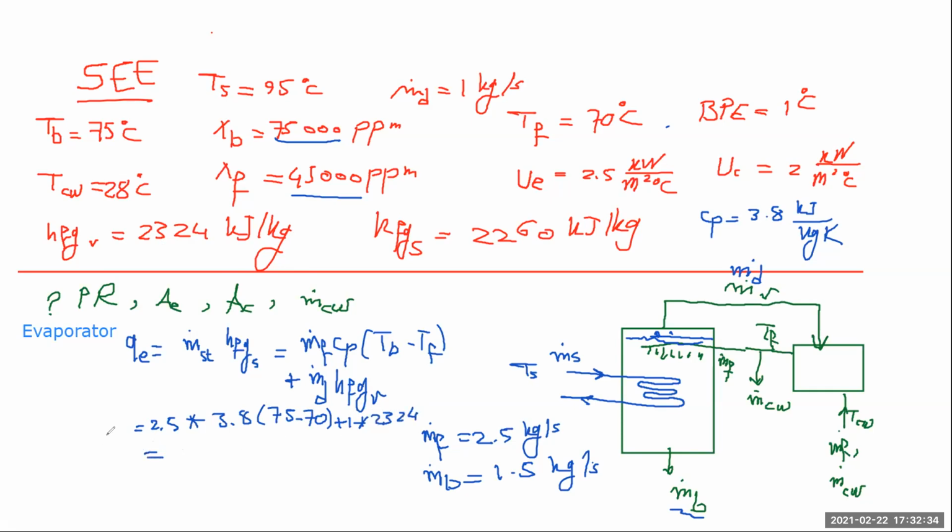From here, we can calculate the value of QE as 2371.5 kilowatt. This quantity is equal to m dot steam times hfg of steam, which is 2260. And from this, we know that m dot steam is 1.05 kilogram per second.